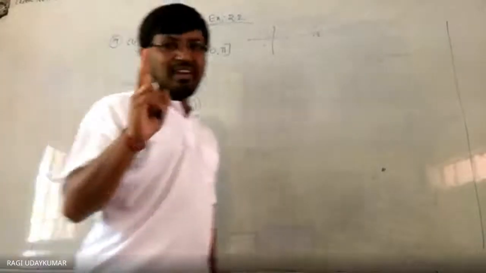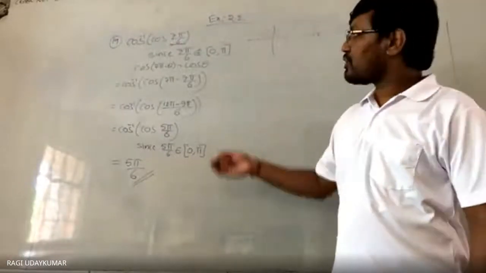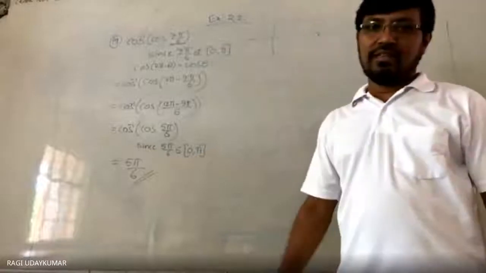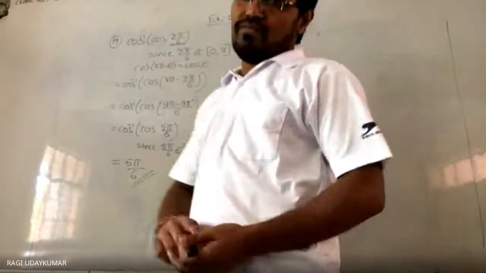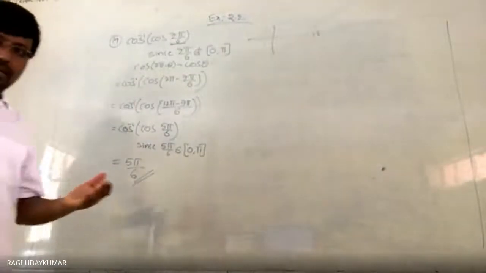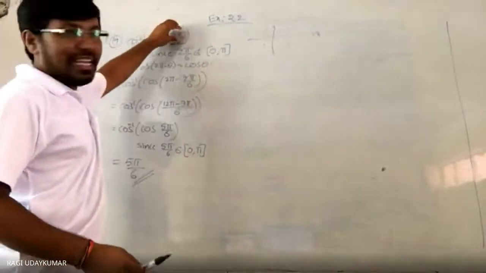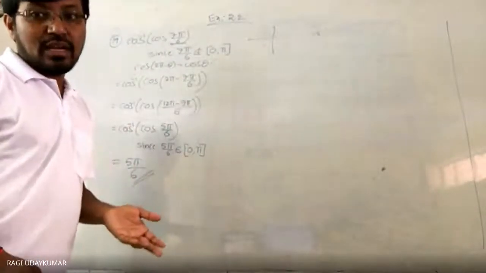So there will be two different ways of solving these model problems. One is, first you have to use the identity like this, or you can reframe this into another form. This can be written in another form, pi plus pi by 6.